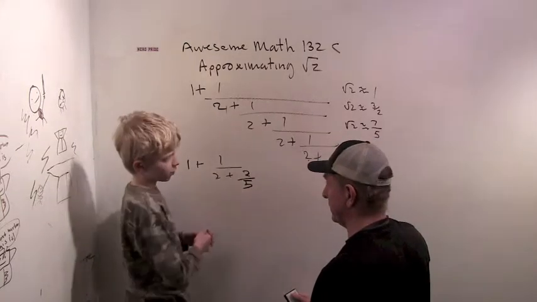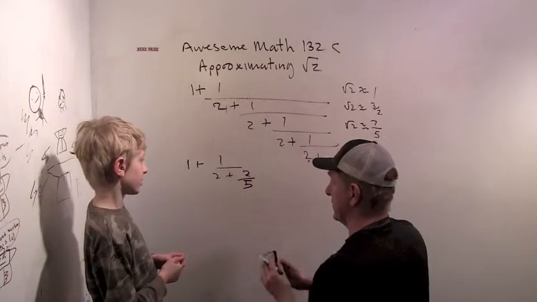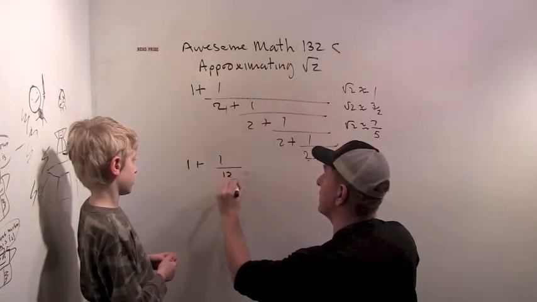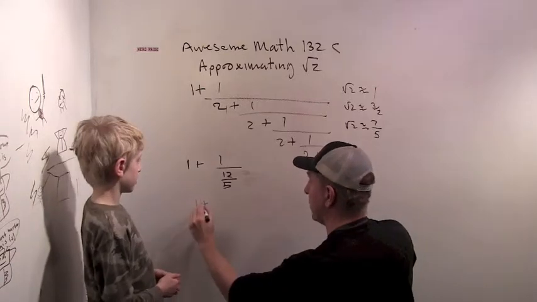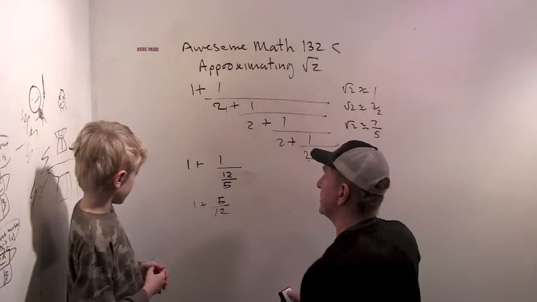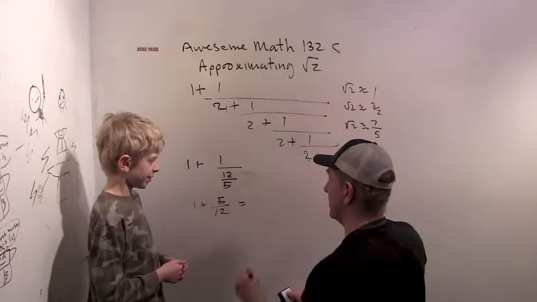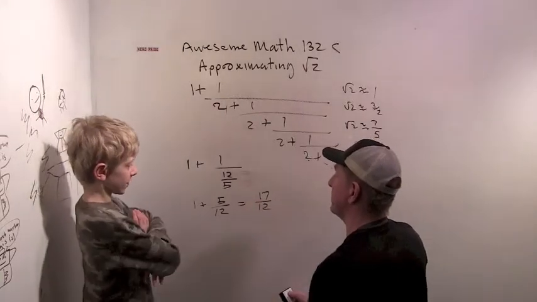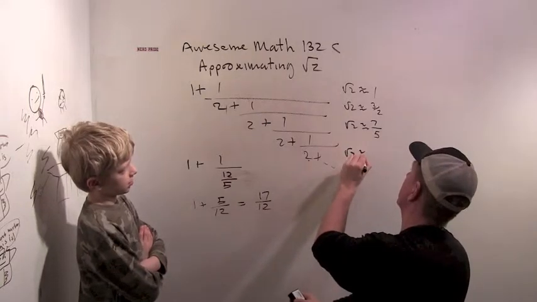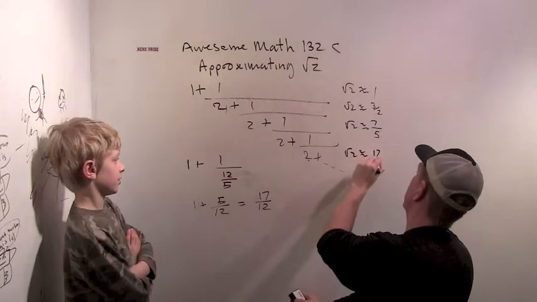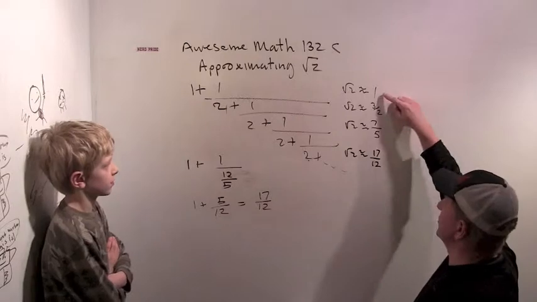So this would be 1 over 12 fifths, so 5 twelfths. 1 plus 5 twelfths is 17 over 12. We haven't seen that one before. Square root of 2 is approximately 17 twelfths.